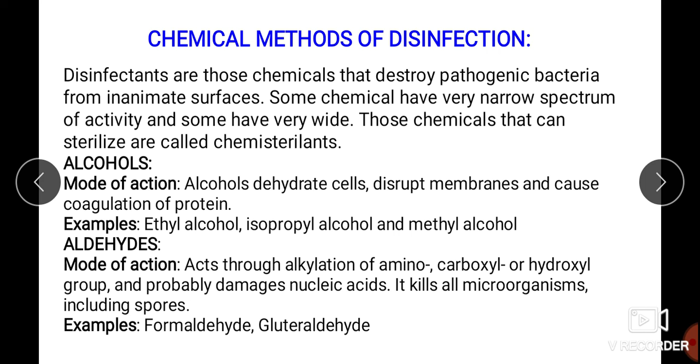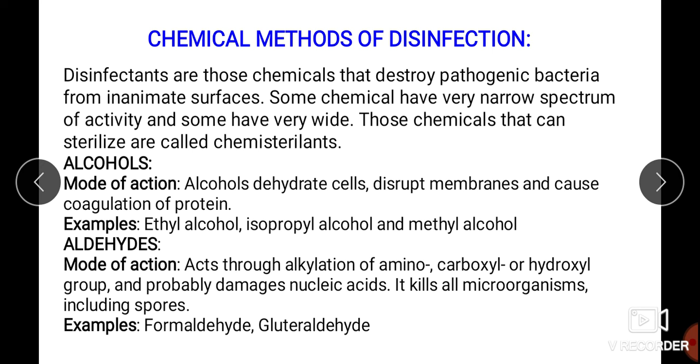Alcohols. Alcohols like ethyl alcohol, isopropyl alcohol and methyl alcohol are used for sterilization. The mode of action of alcohol is that it dehydrates the cell and disturbs the membrane, because the cell wall of a pathogen contains lipid.